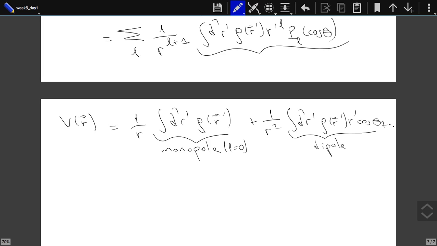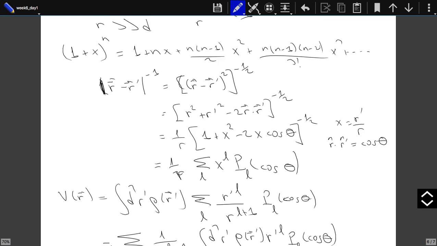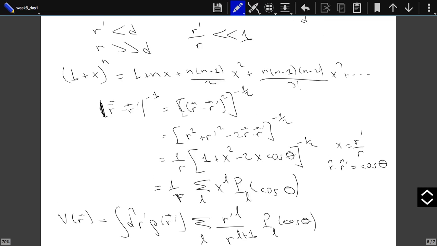small. Remember here, our expansion parameter in this expansion is r prime over r, and typically this is of the order of 10 to the power minus 5. If you consider the example we had, the atom with the charge distribution of the atom, you look at the potential of the atom at a distance of 10 to the power minus 2 meters.